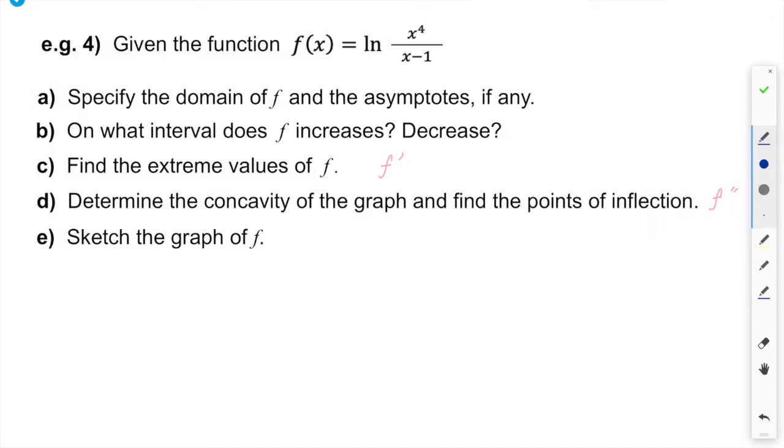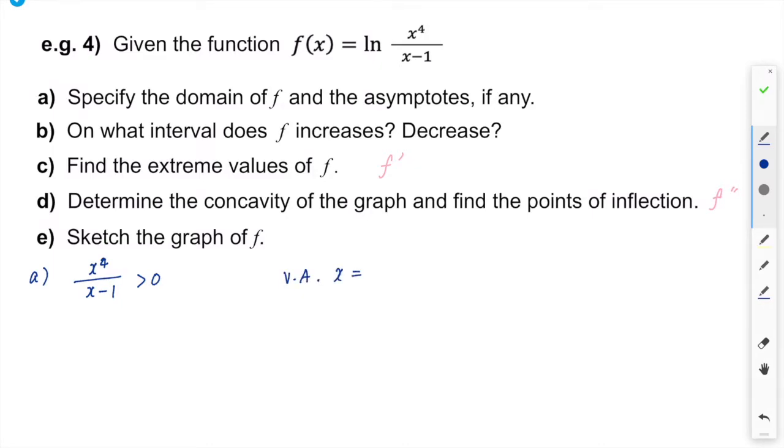Domain of f, well, we know that any ln function, this part x to the power 4 over x minus 1 must be greater than 0, must be positive. And notice how the denominator x minus 1 means that there must be a vertical asymptote at x equals 1.